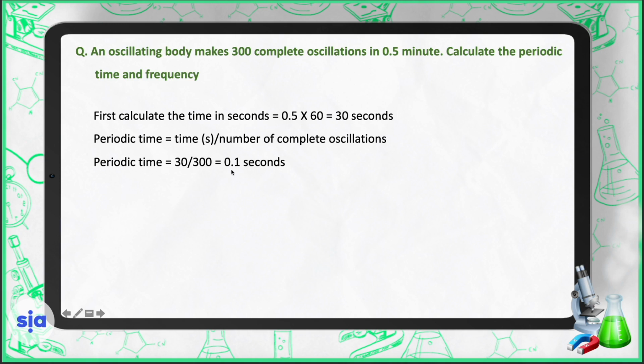It will give us 0.1 second. Knowing that the frequency equals 1 divided by periodic time, so it's 1 divided by 0.1, which is equal to 10 hertz. So this means that if you have the periodic time, you can get the frequency, and vice versa.